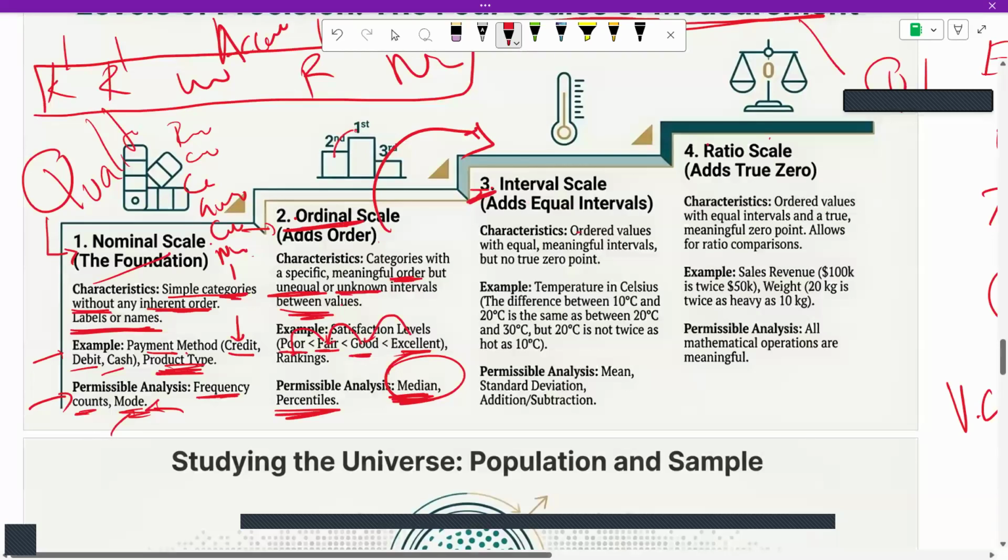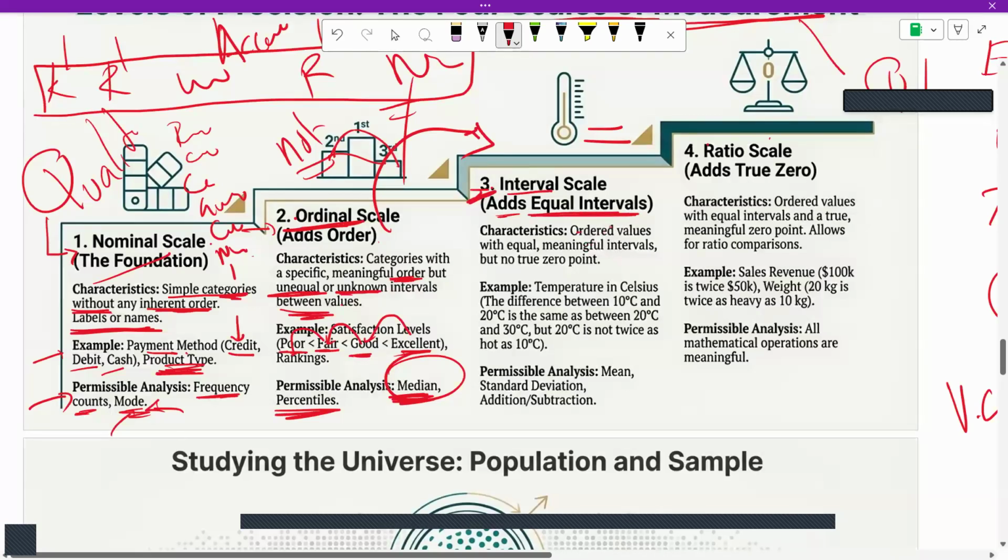Here in the ordinal scale, the differences between the intervals are not equal. But here, the differences between the intervals are equal. So interval scale means it adds equal intervals on the data.